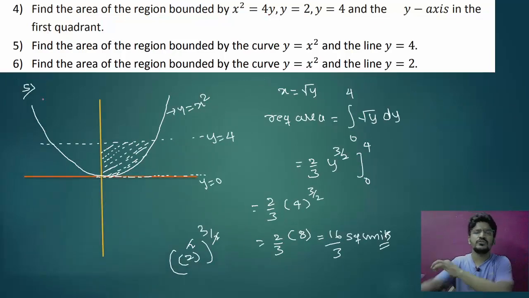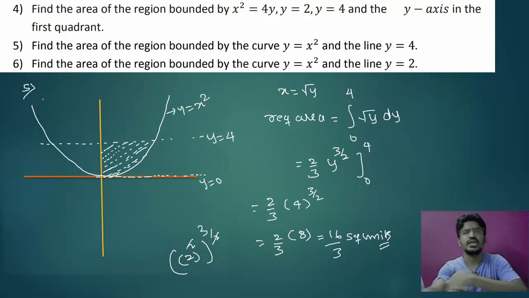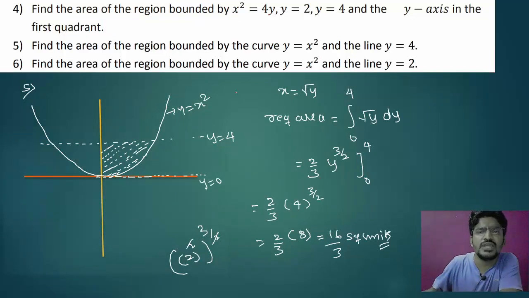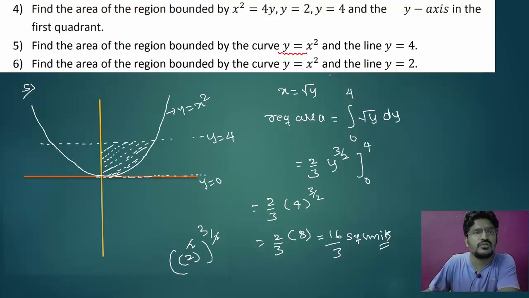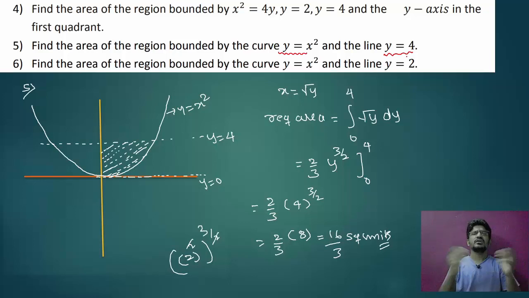Coming to the fifth problem, they are saying: find the area bounded by the region y equal to x square and y equal to 4. Here they have not mentioned the quadrants; they are only telling y equal to 4 and y equal to x square.